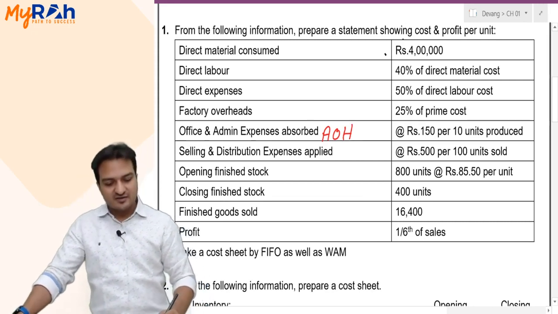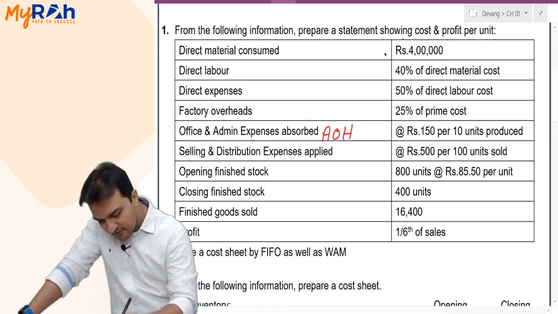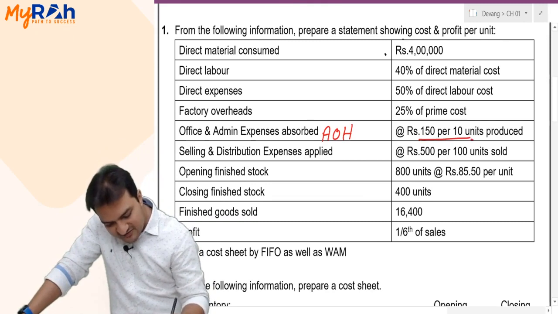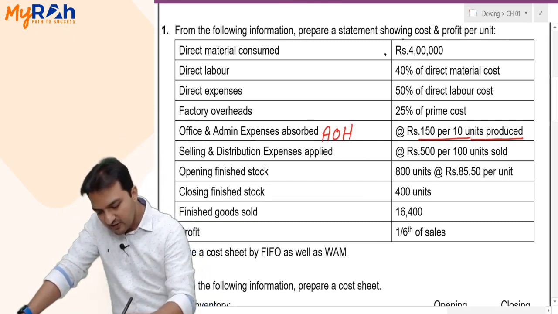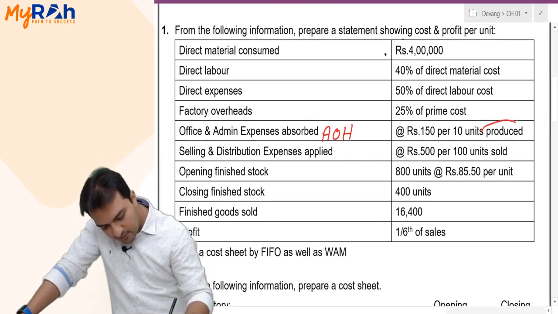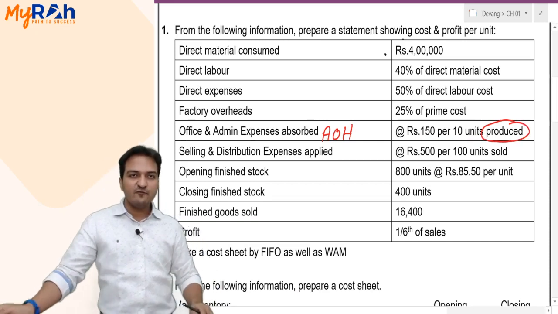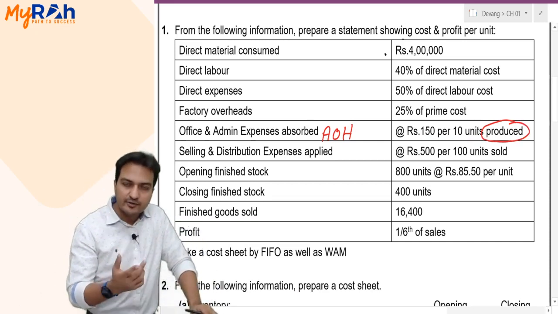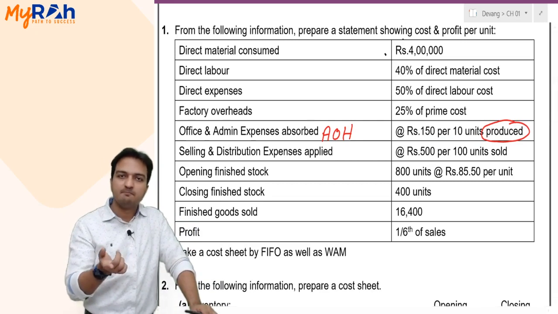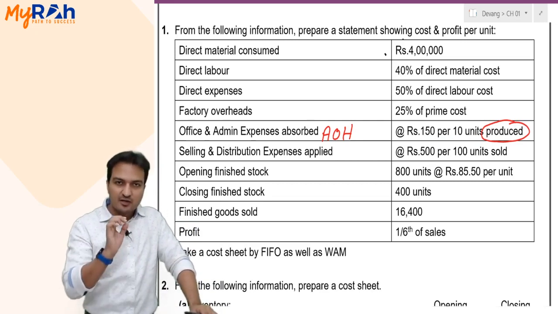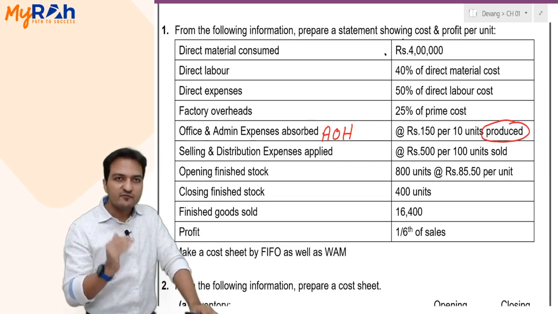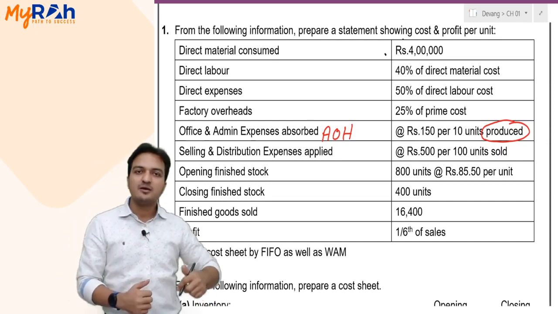But notice how it is given. It says rupees 150 per 10 units produced. First of all, 150 per 10 units, meaning 15 per 1 unit. That you should understand. 15 per unit, but which unit? It is 15 per unit produced.